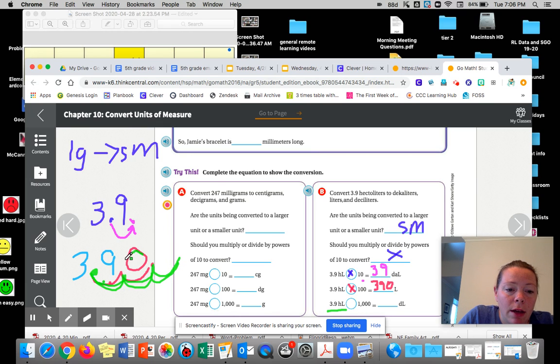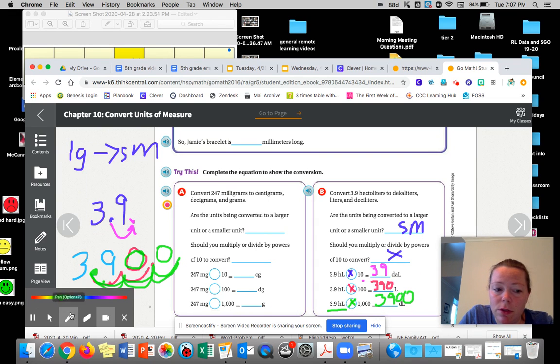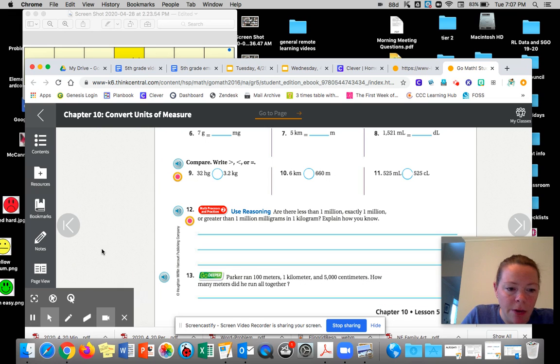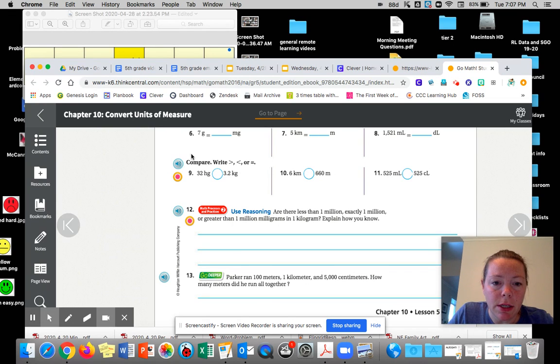I now have 2 empty scoops, so I have to fill both of those in. So 3 9/10 of a hectoliter times 1,000 is 3,900 deciliters.